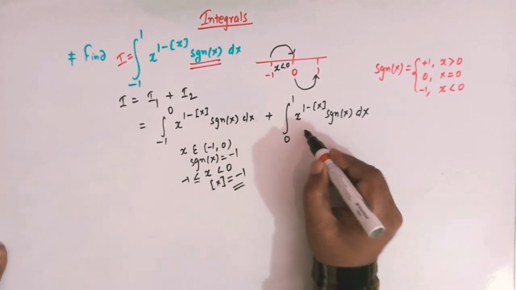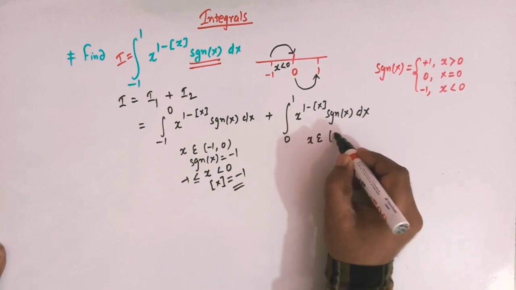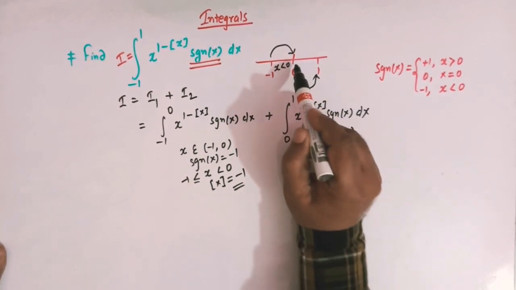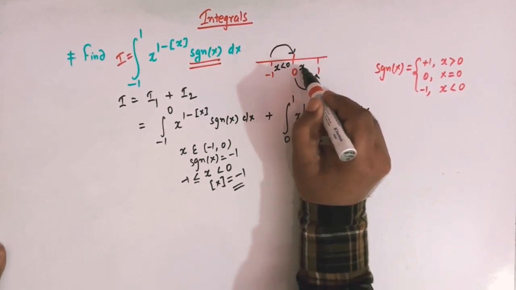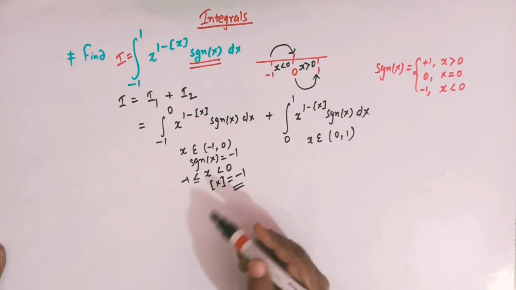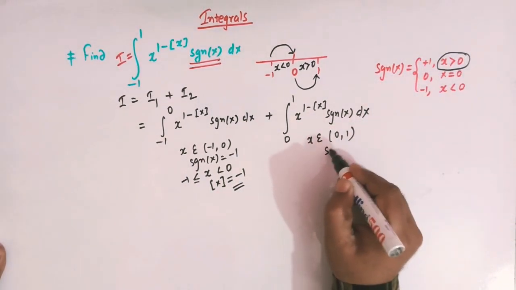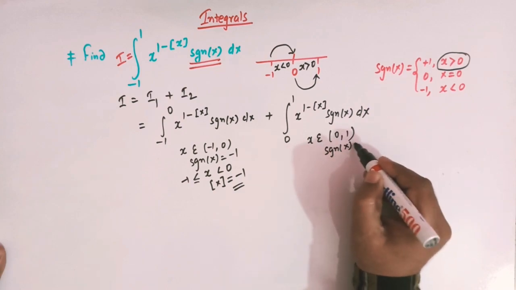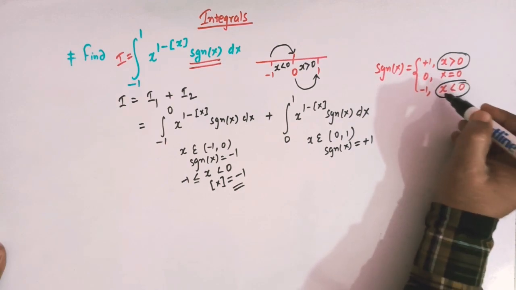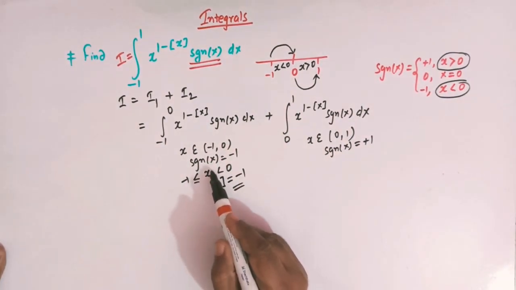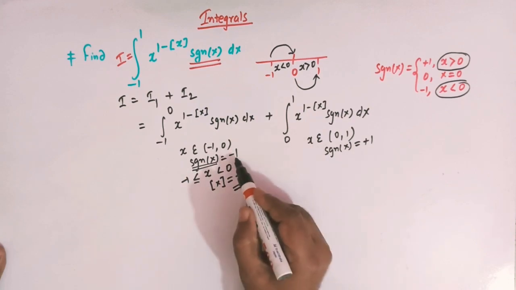Similarly, in the second integral we have the interval from 0 to 1, and all the values of x which lie between 0 and 1 are greater than 0. So when x is greater than 0, signum of x takes the value +1, whereas when x was less than 0, as in the previous case, the signum of x takes the value -1.